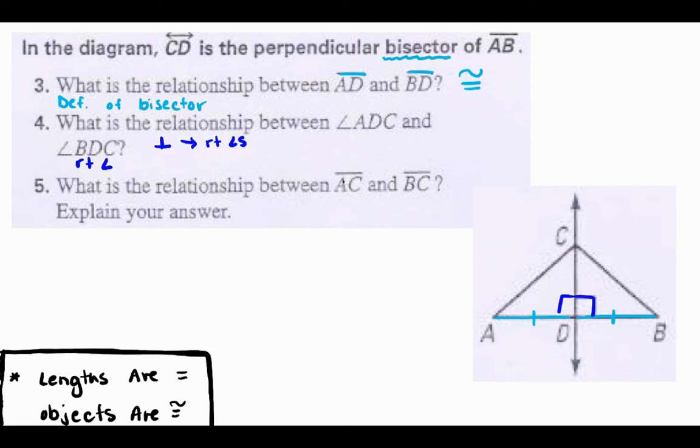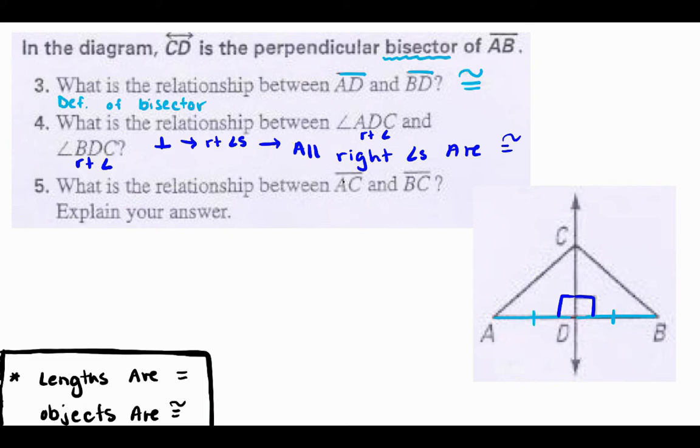So we also happen to have a right angle at ADC as well. And we have a theorem from the past that says all right angles are congruent. So our relationship for this set is that those particular angles are congruent.